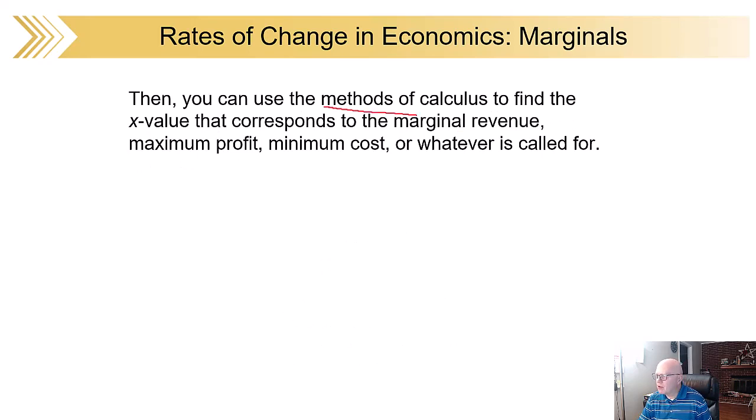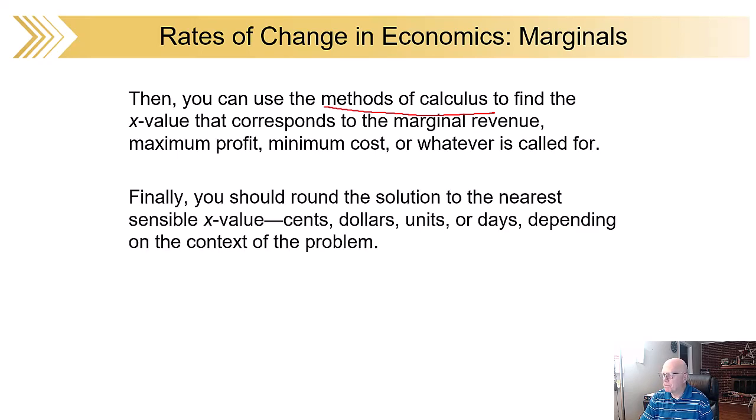We're going to use calculus to find the marginal revenue, marginal profit, marginal cost, or whatever we need. When you get it, if it's a discrete variable, remember to round to the nearest reasonable x value. It might be round to the cents, dollars, units, days, whatever the problem calls for.